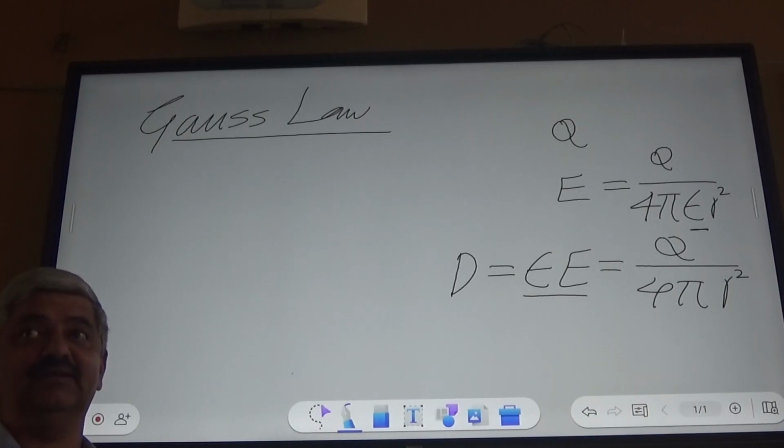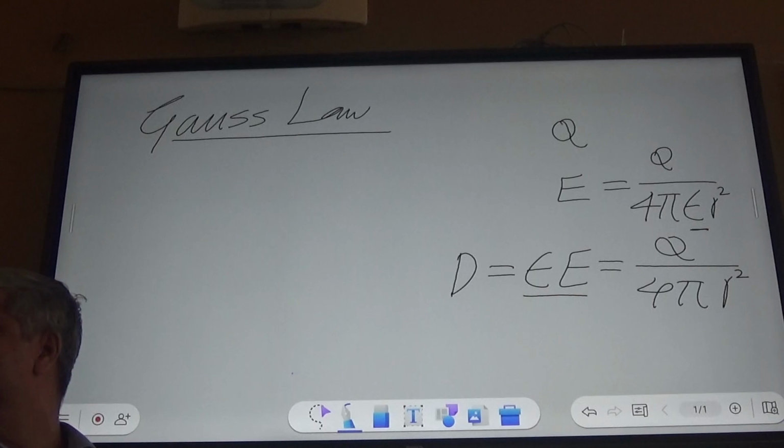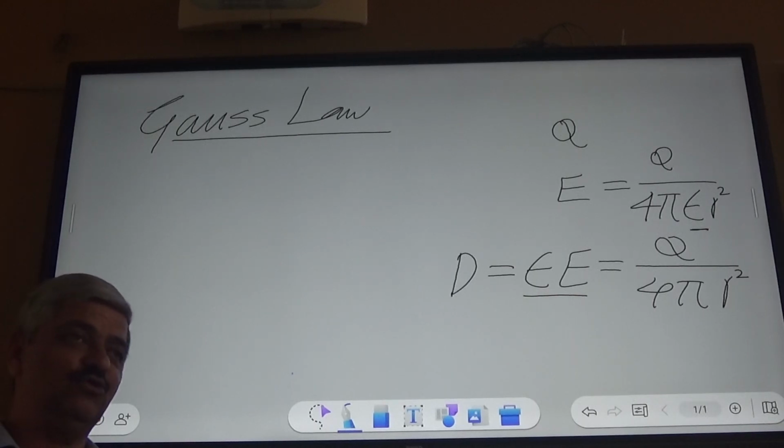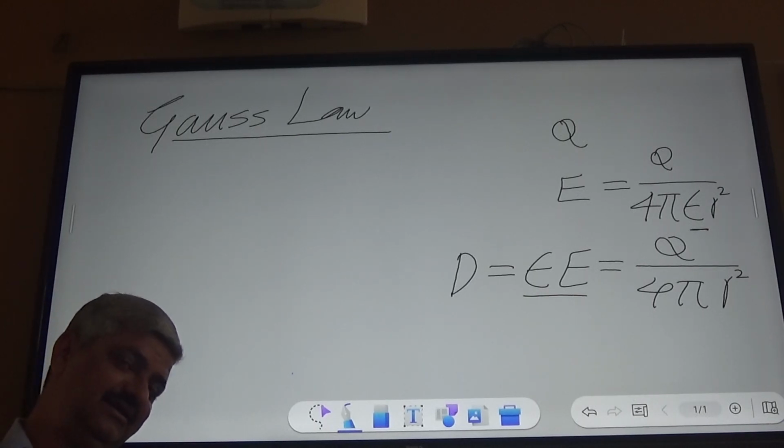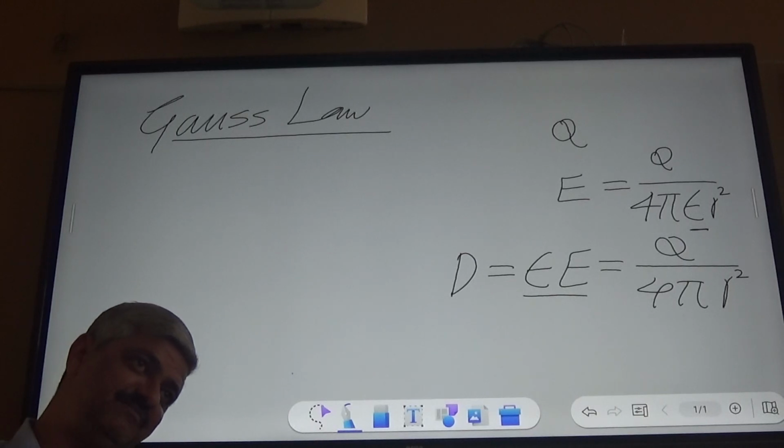Listen now very carefully. We are having point. Point is dimensionless, having infinitesimal width, length and depth.